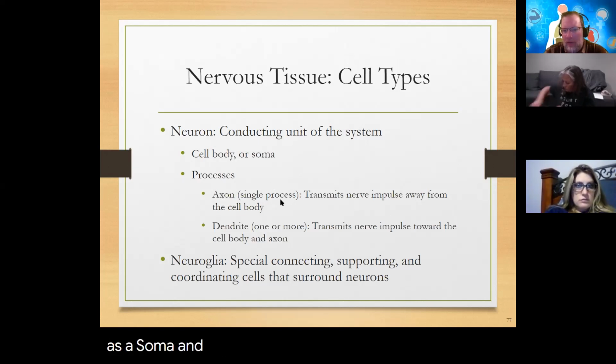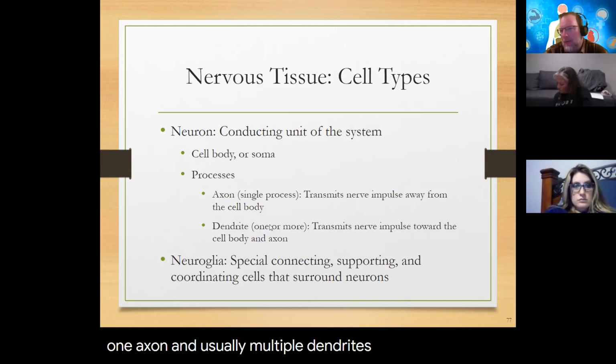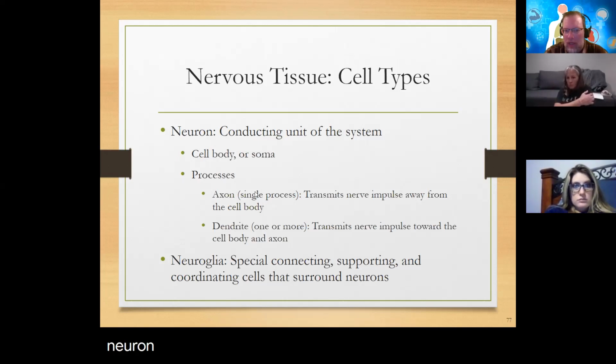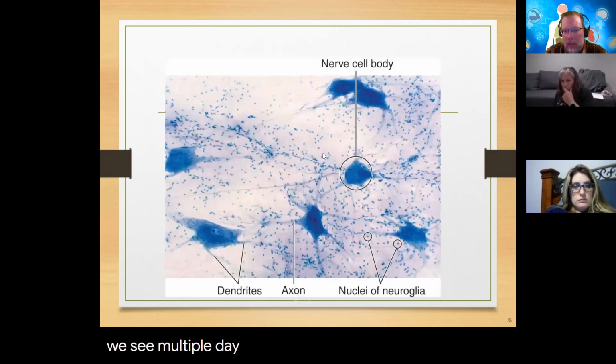All neurons are going to have one axon and usually multiple dendrites. Sometimes they just have one. You could have a unipolar neuron where you have one dendrite, one axon, but typically we see multiple dendrites.